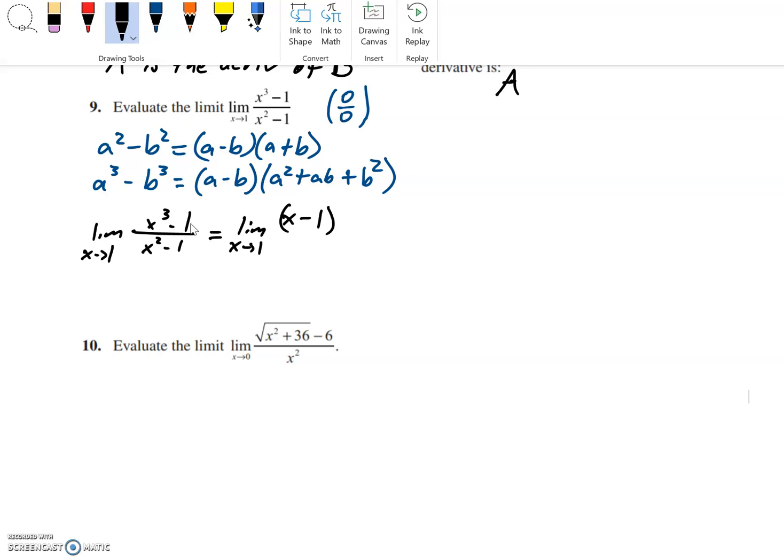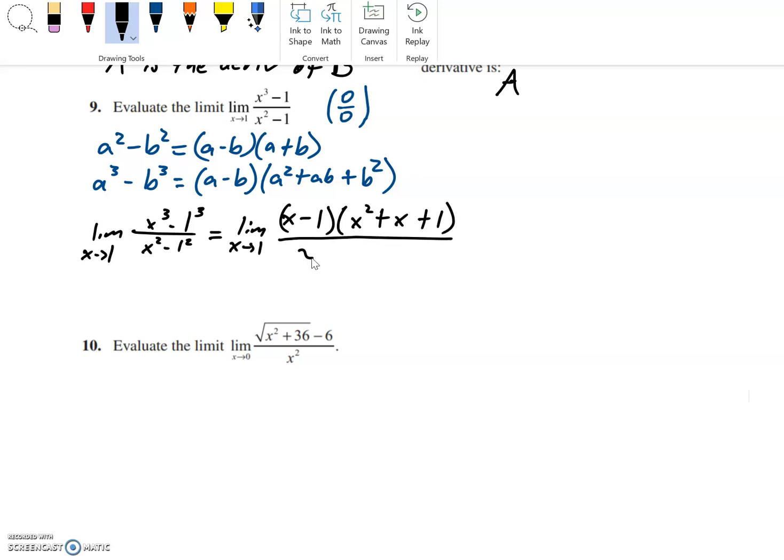X is taking the place of a, and you can think about this like x cubed minus 1 cubed if you really want to see this, and x squared minus 1 squared in the bottom, if you really want to see it as squares and cubes. So x is taking the place of a, 1 is taking the place of b. So x minus 1, then we got x squared plus a times b. Okay, well, 1 times x is just going to be x, plus b squared. So that's just going to be 1.